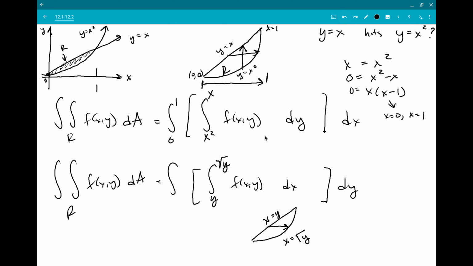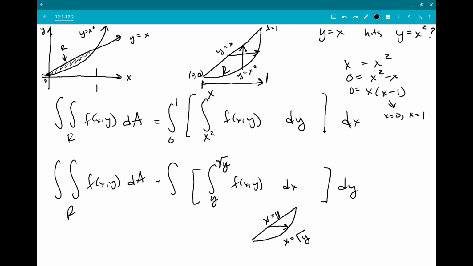And I just wanted to show this because it's a little non-intuitive. The bottom is x squared and the top is x, but it's flipped when you go from left to right. The quote bottom, the leftmost, is the y equals x line, and the top for x, or the rightmost value, is the y equals x squared, x equals square root y line.